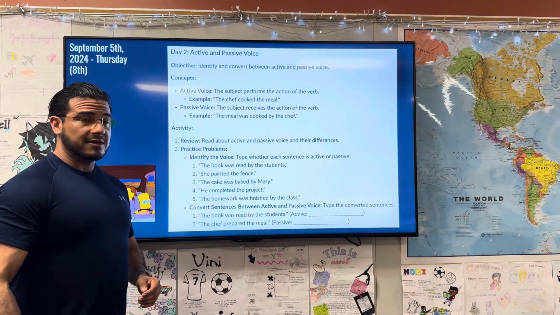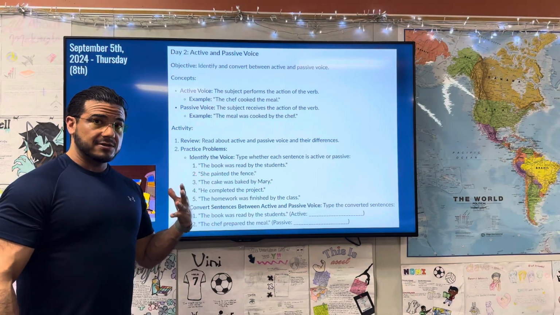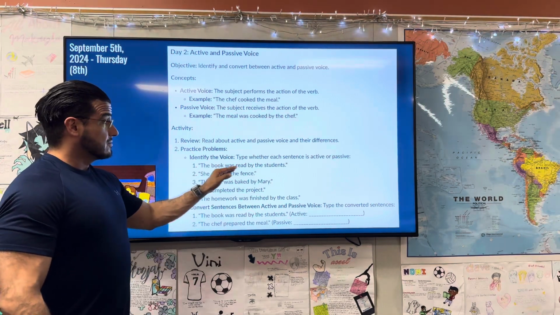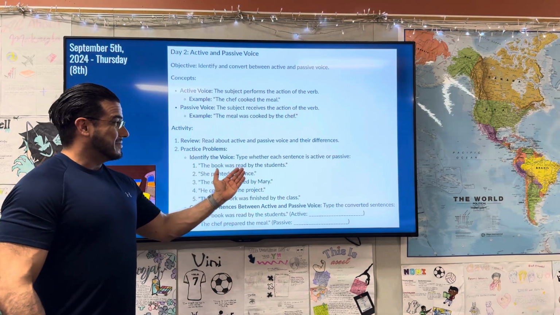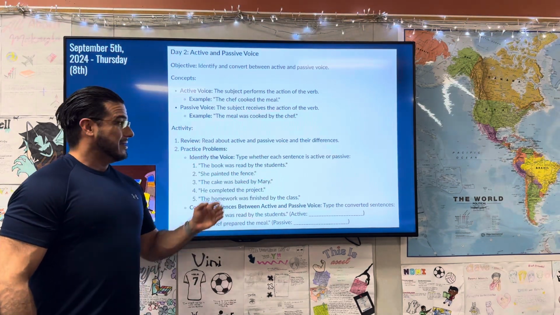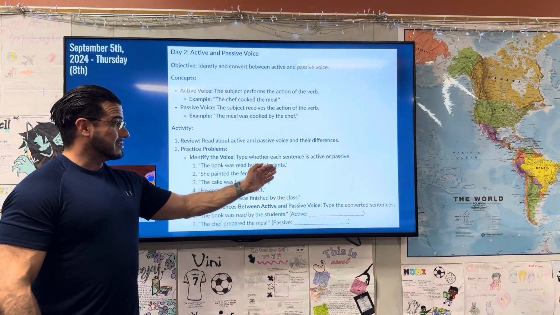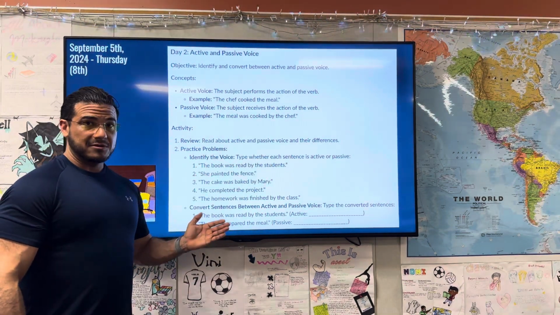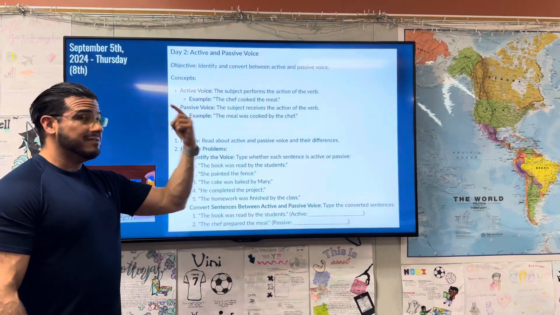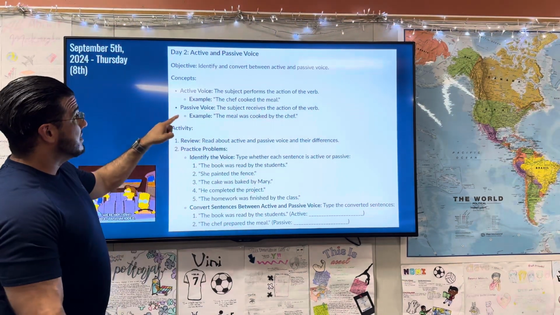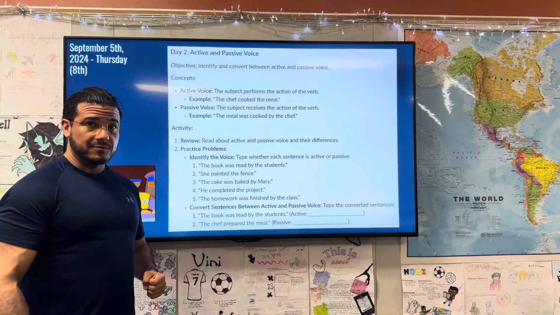For sentence one, we have the book, that's our focus. What's our verb? Was read, great. By whom? By the students. We know, once more, logically, that the students are the ones who have read the book. However, given that construction, we can identify that they are receiving the action. Therefore, we can tell that it is in its passive voice form.